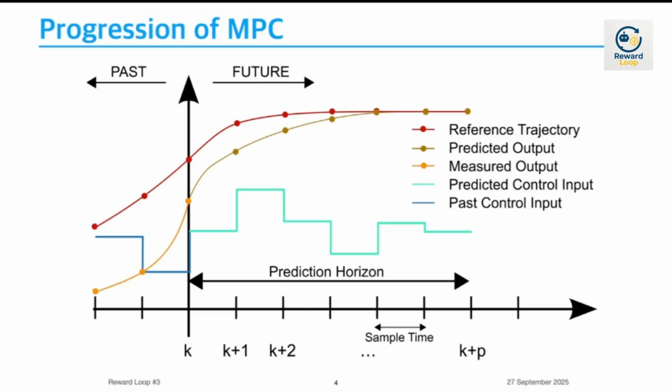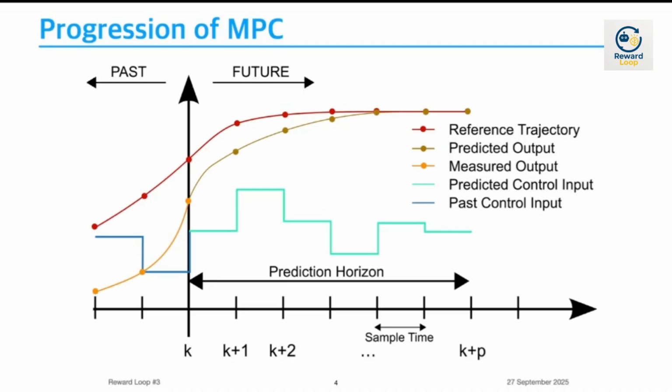So standing at time step k, it solves the optimization problem for a length of future steps, which is known as the prediction horizon. And then it only implements the current step control input. So it moves one step and then again solves for the next N control inputs, implements just one control input and discards all other control inputs.